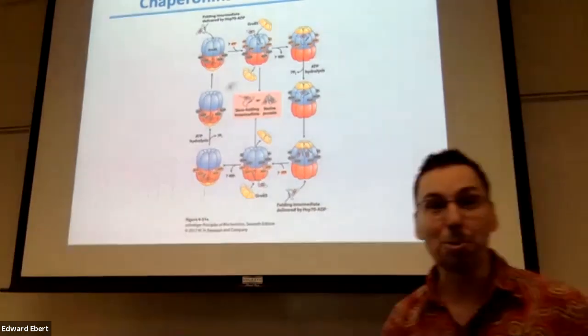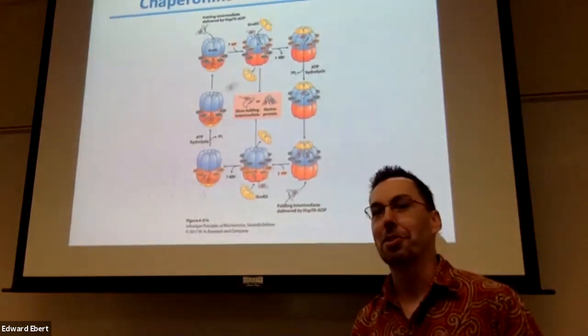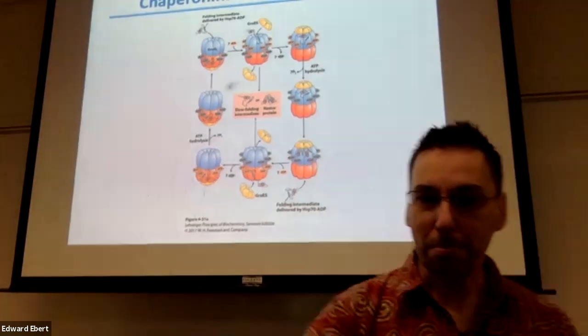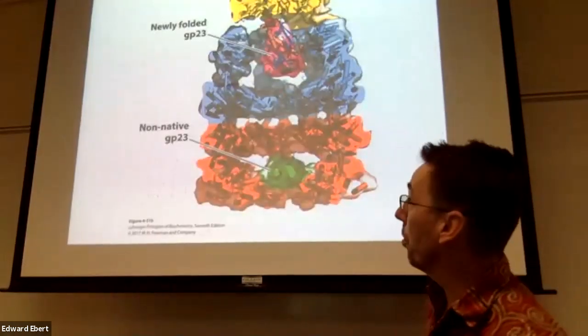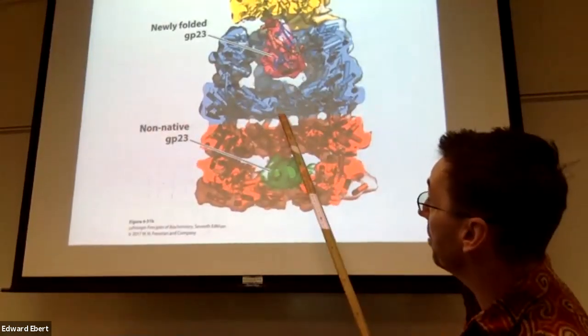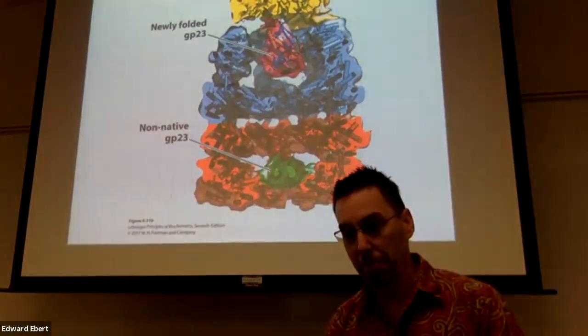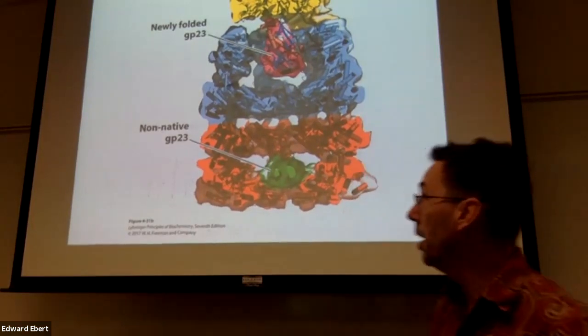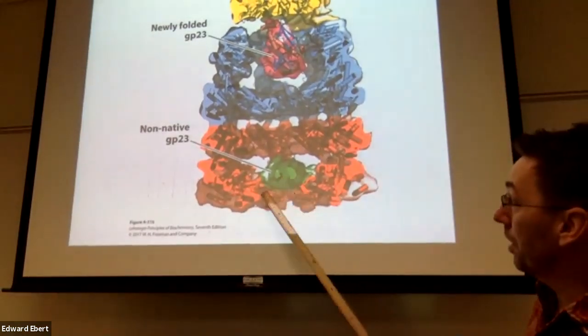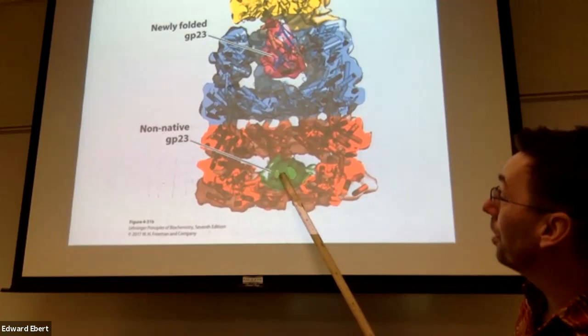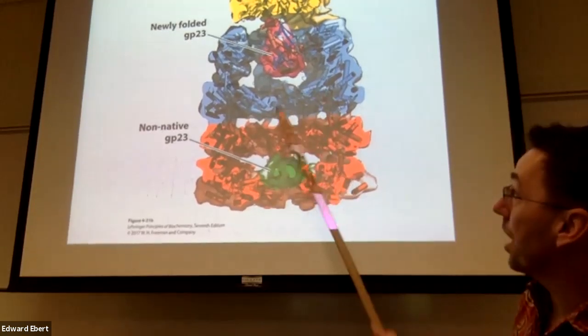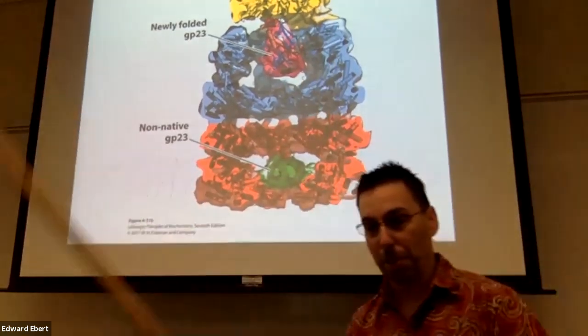I'm not going to go into excruciating detail about how that works. Just what I want you guys to know is that chaperone proteins have binding regions for the proteins that they need to help fold. You can see they come in here maybe in some non-native fold, and by interaction with the chaperone protein, it puts them in the right shape.